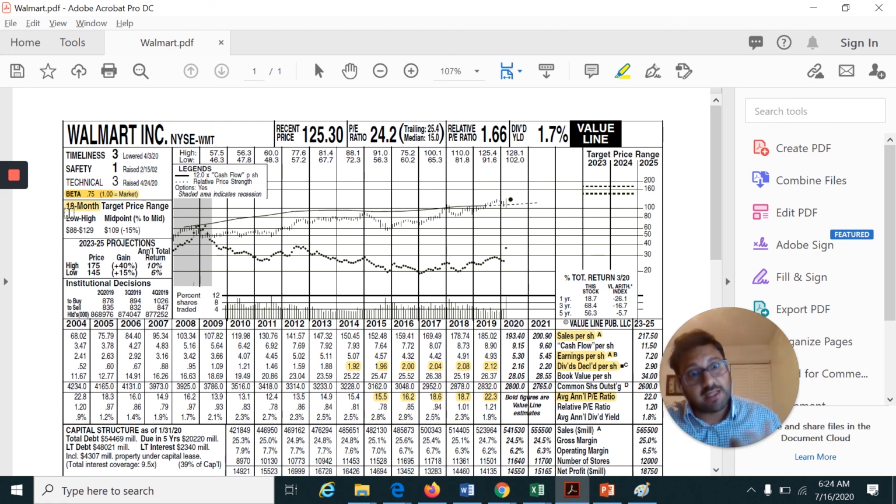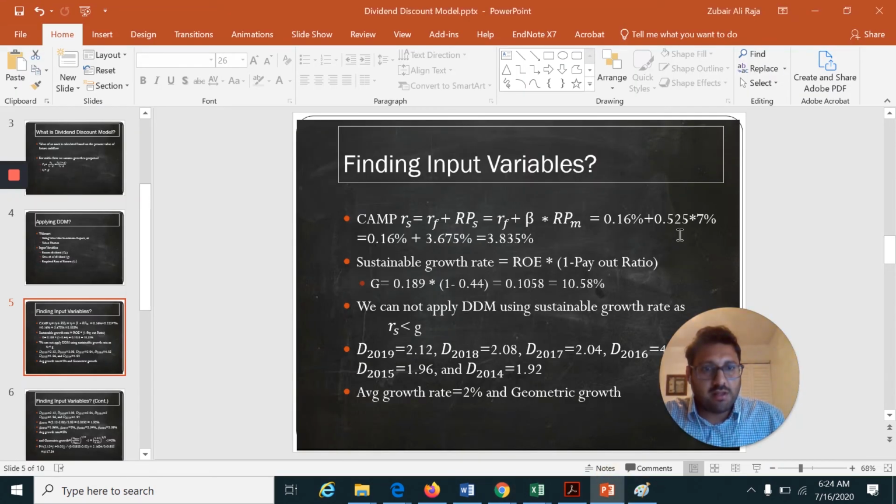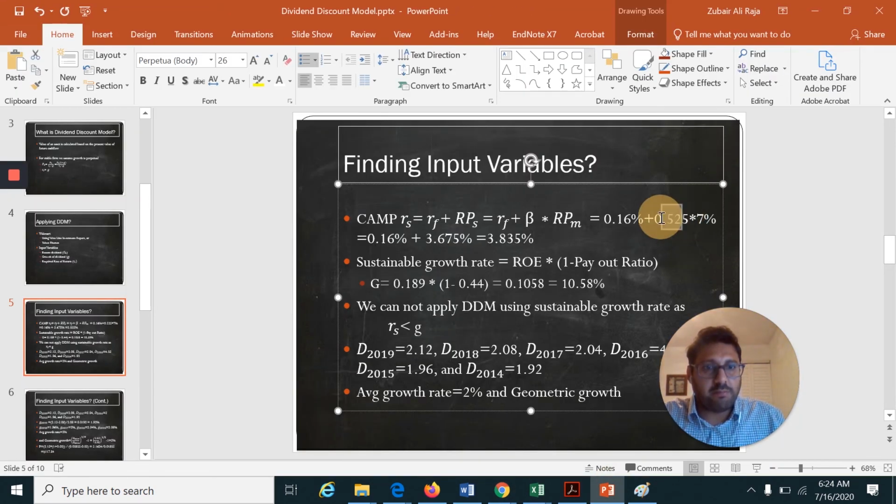Now what I'm doing is taking the average of these two betas. I'm taking the Yahoo Finance beta, which is 0.3, adding 0.75, the beta from Value Line, and dividing by 2. So I ended up with this beta over here, 0.525, simply 0.75 plus 0.3 divided by 2.